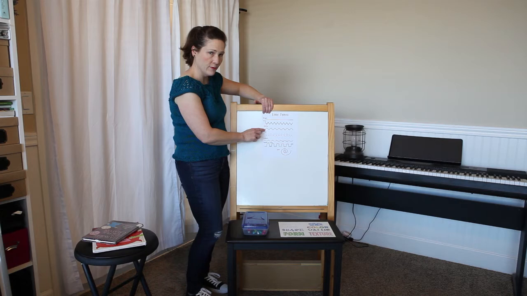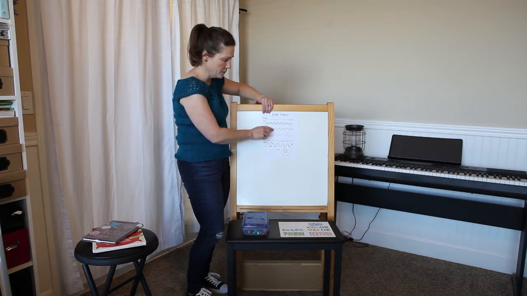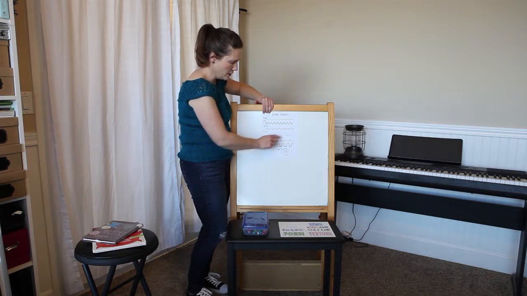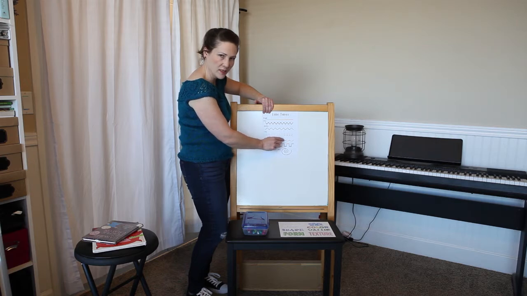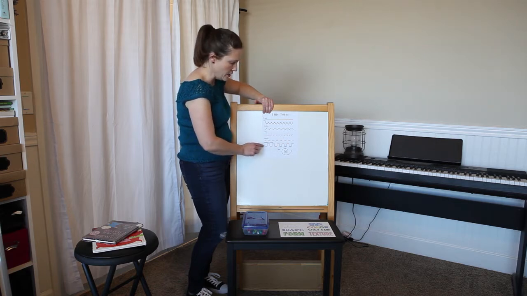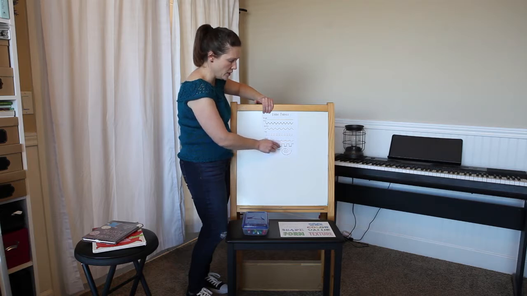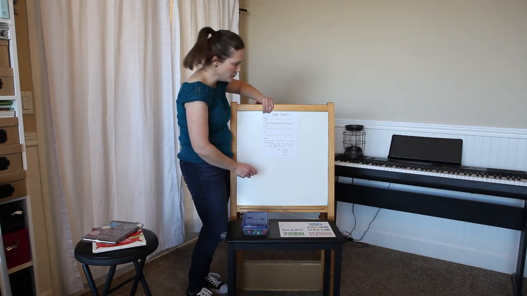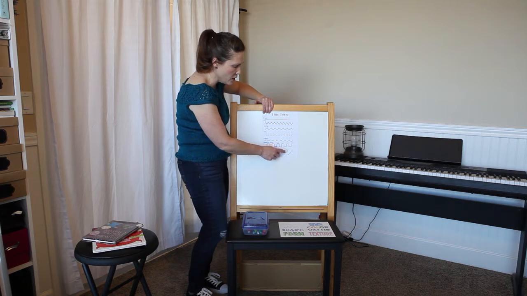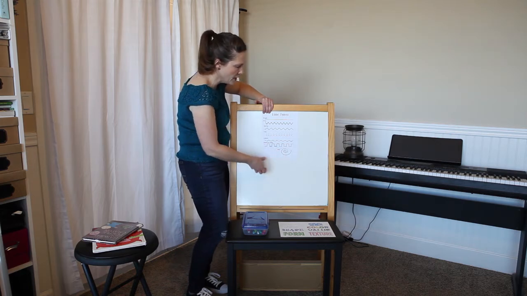We have zigzag, and we have loopy, scalloped. It's kind of like waves, isn't it? And squared, or if you make a bunch of them, it looks like a castle. And then we have this one that's called spiral.